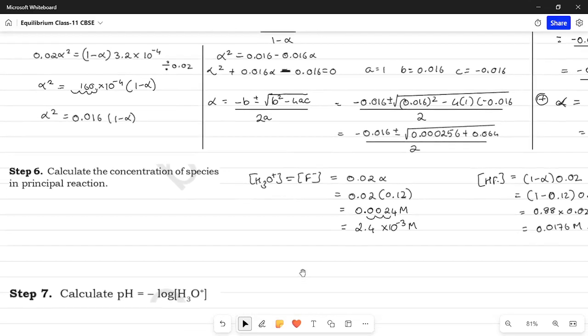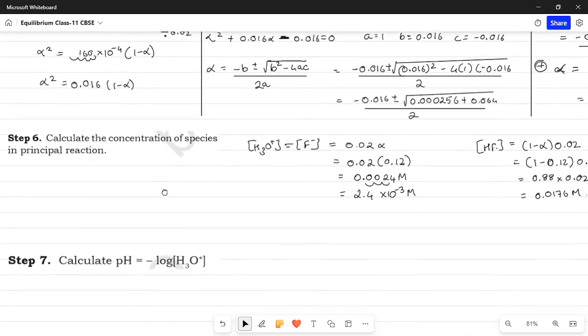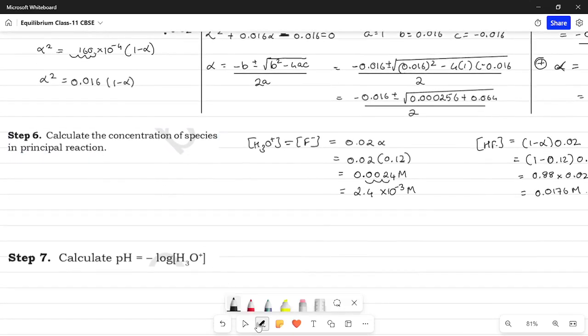So that was the sixth step, and the last step is calculating the pH. So pH will be equal to negative log concentration of H plus, right? So that is negative log 2.4 into 10 to the power minus 3. So this will be equal to minus log 2.4 plus log 10 to the power minus 3.